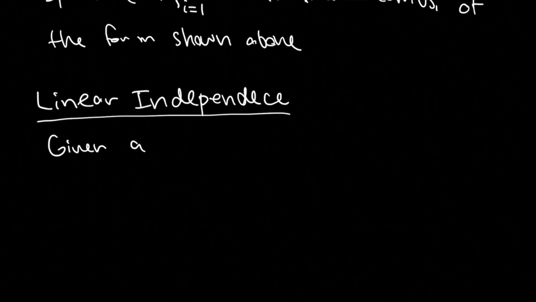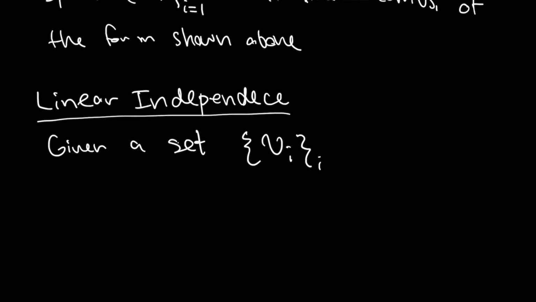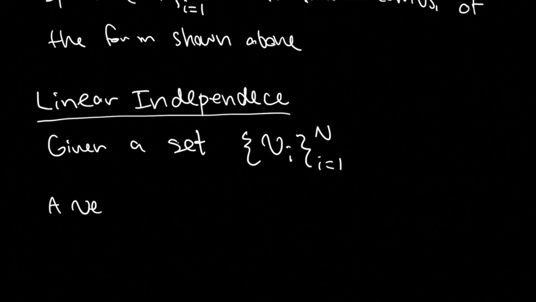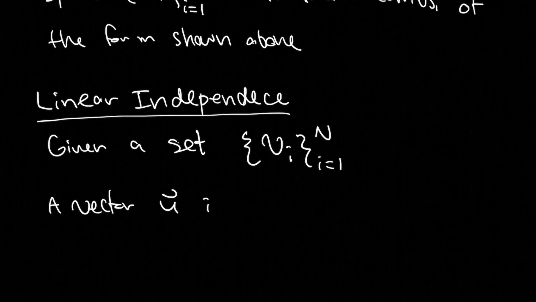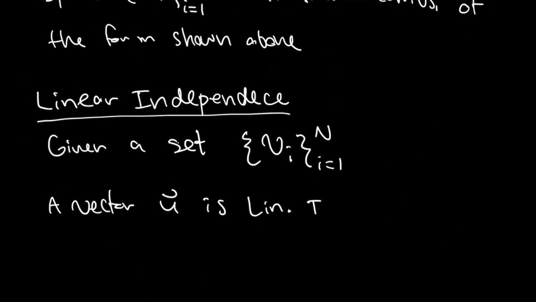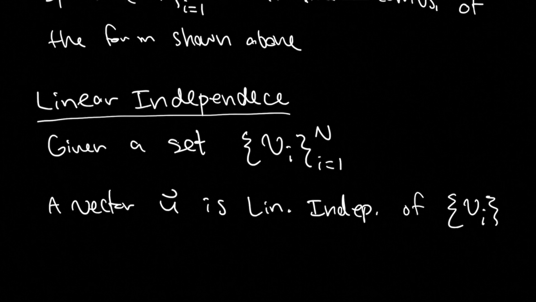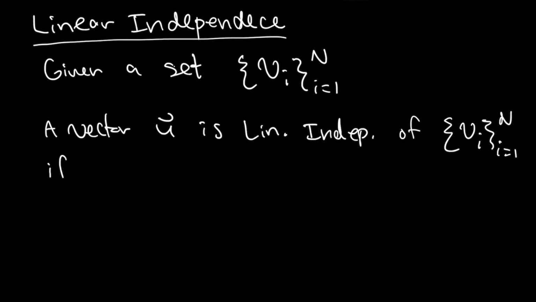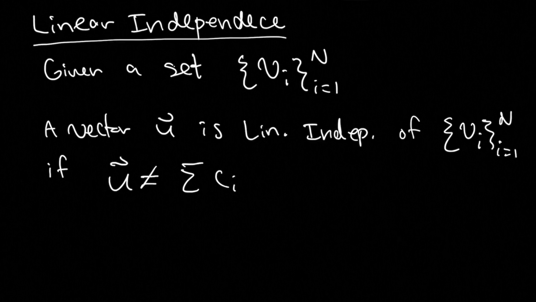Given a set of vectors, just like the one we discussed, a vector u is linearly independent of the set if we cannot write u as a linear combination over the vectors in that set.